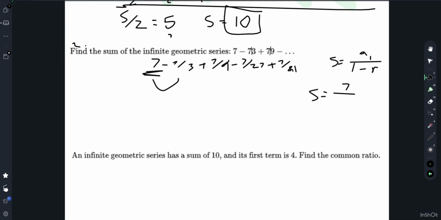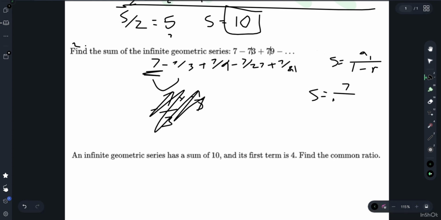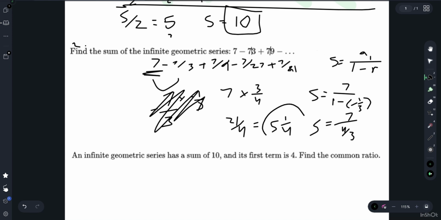So it's 7 over 1 plus 1/3, which we can convert to 4 over 3. 7 divided by 4 over 3 is 7 times 3/4, which is 21 over 4, which is 5 and 1/4. So 5 and 1/4 is our answer for question number 2.